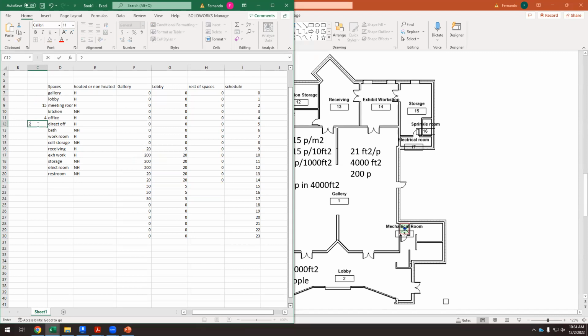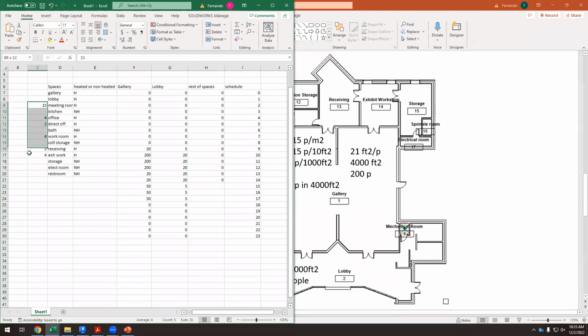In the director's office, 2 maximum. The workroom, not 4 because those are small spaces. For the receiving, I can have 5, and the workshop maybe 4, and that's it.